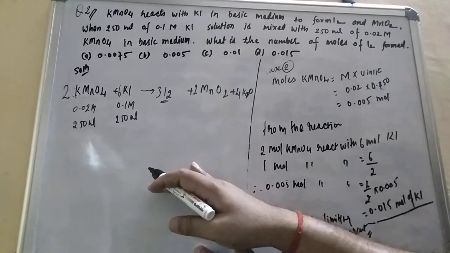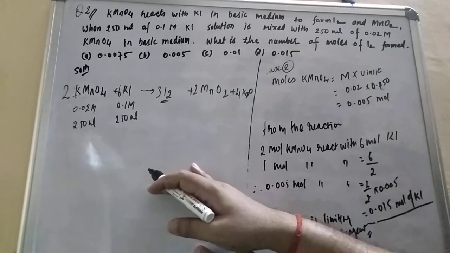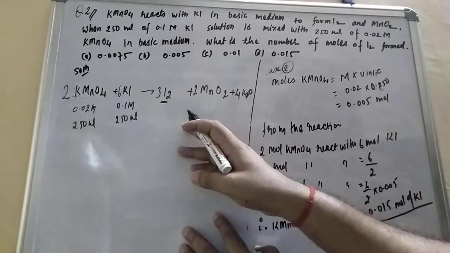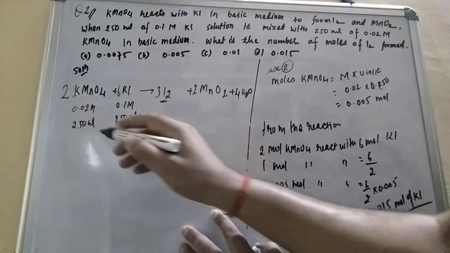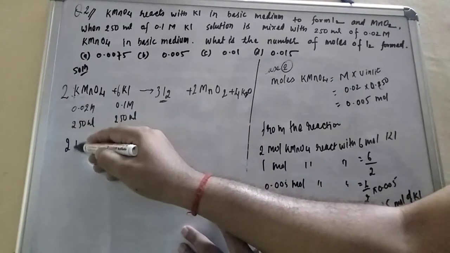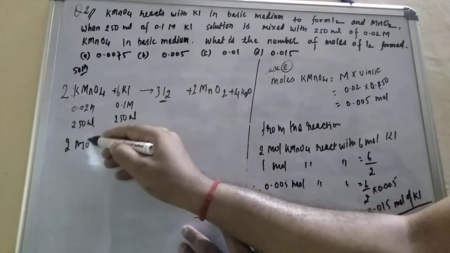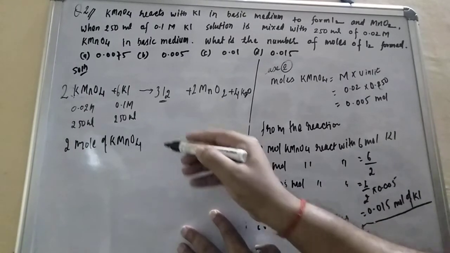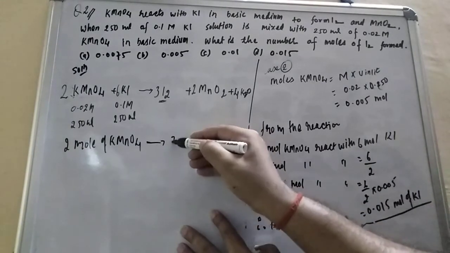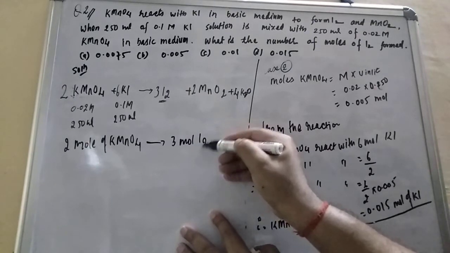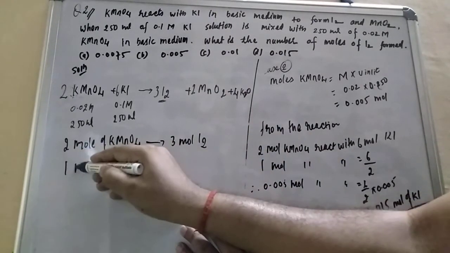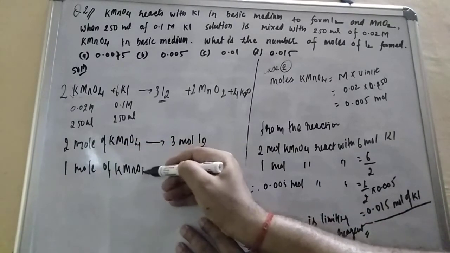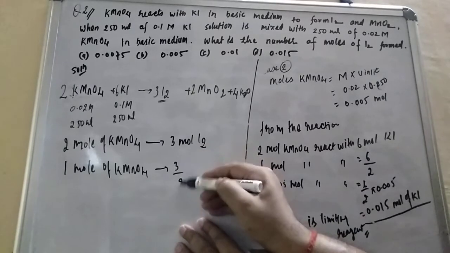So 2 mole of KMnO4 gives how many mole of I2? 3 mole of I2. So 1 mole of KMnO4 will give 3 by 2 mole I2.